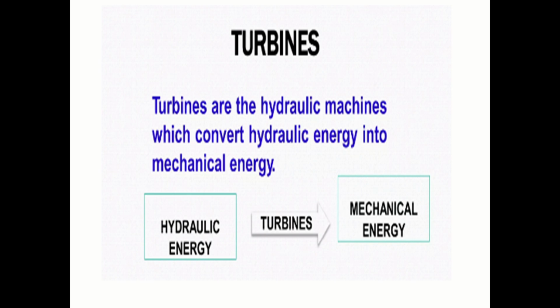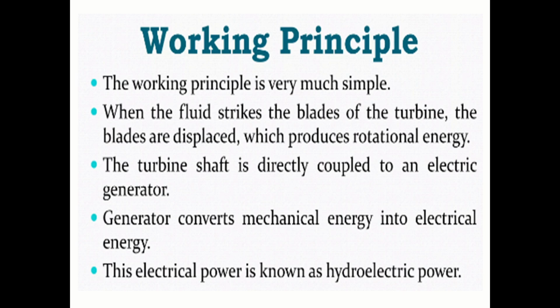Therefore, hydraulic energy is converted into mechanical energy, and mechanical energy is again converted into electrical energy in hydraulic turbines. That is the process of electricity generation through hydraulic turbines. This is what you have to understand basically.